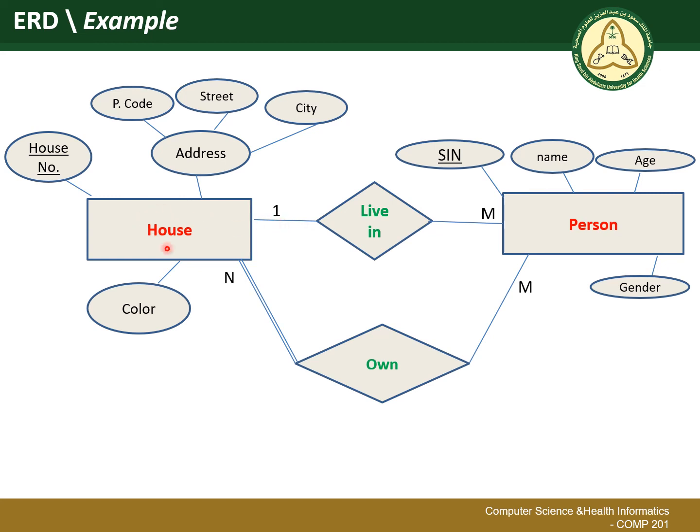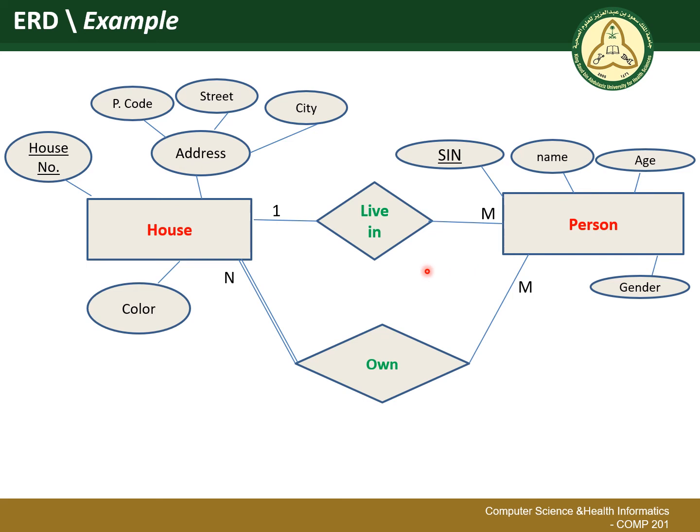Then the house can have 0 or more persons living in it. So the house can have many persons, so the M will be near the person.